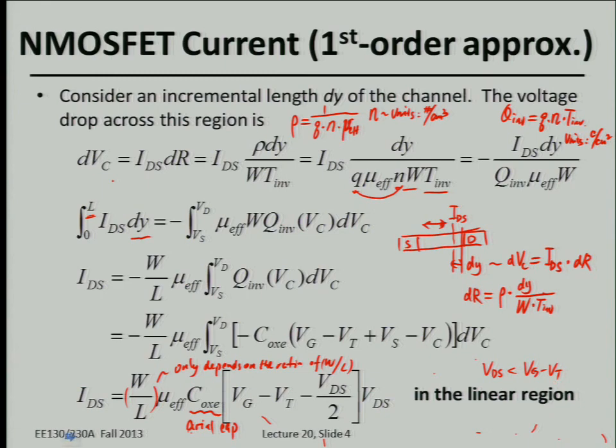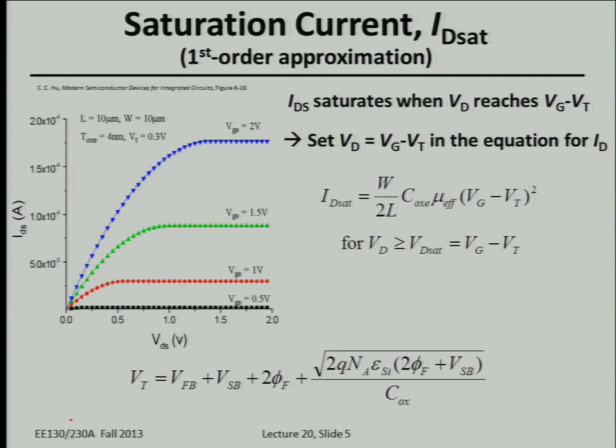Okay. And also you can think about the drive current expression for the MOSFET in the saturation region, right? Once you apply a high enough drain bias, you have a pinch-off region in the channel, so the current is just going to saturate at a certain value. If you keep applying bias beyond this point, all the voltage will be dropped in the depletion region, in the pinch-off region.